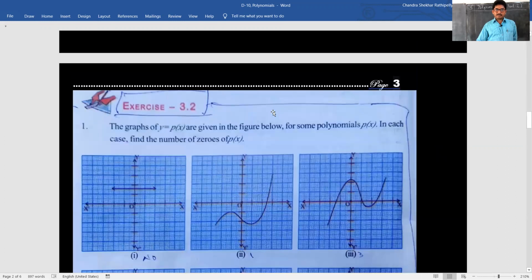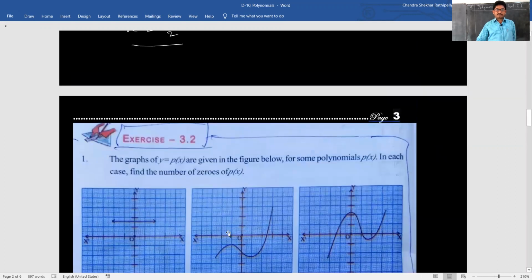Children, now say this quickly. How many zeros does the polynomial have for the first one? 0, sir. Yes, good. Second one, 1, sir. Very good. Third one, 3, sir.